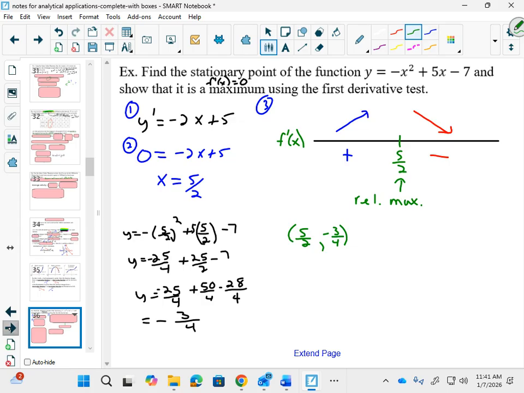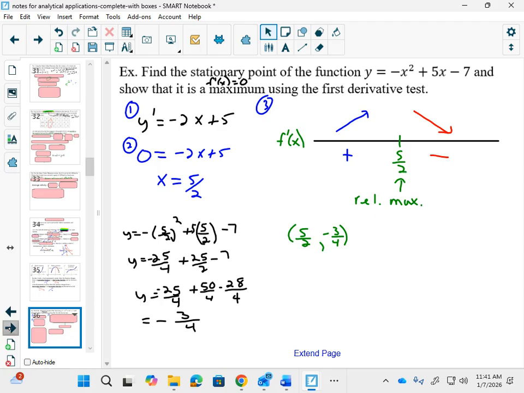If this was non-calculator, I would have to say this would be a bit annoying. And if it was calculator, I sure hope you wouldn't do all that mental math. You would use your calculator to get that answer a lot quicker. So something to start thinking about.